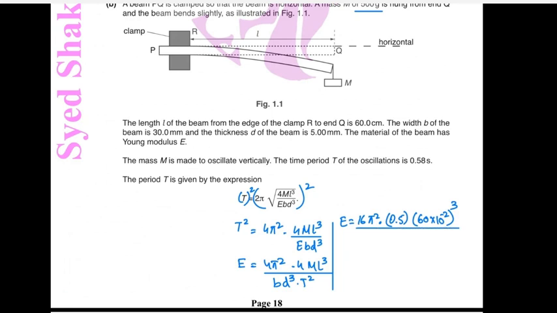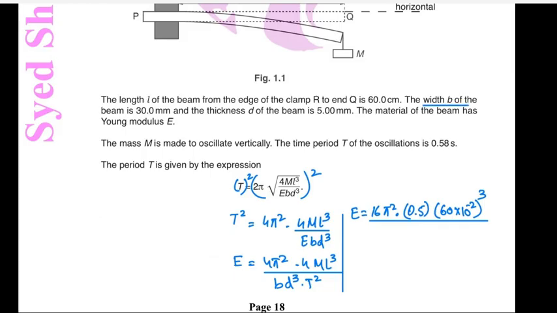Then what is b? The width is 30 millimeters, right? So it will become 30 into 10 to the power negative 3, right? And then d is the thickness. It's 5 millimeters. So it's 5 into 10 to the power minus 3, and then that cubed, right?